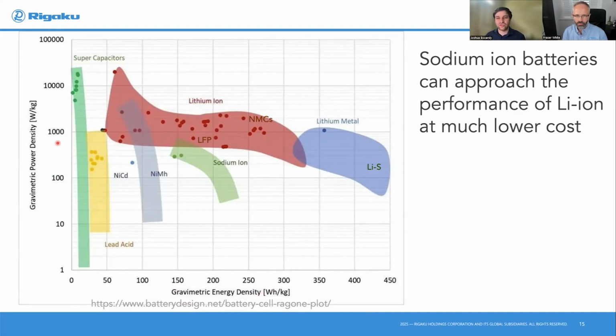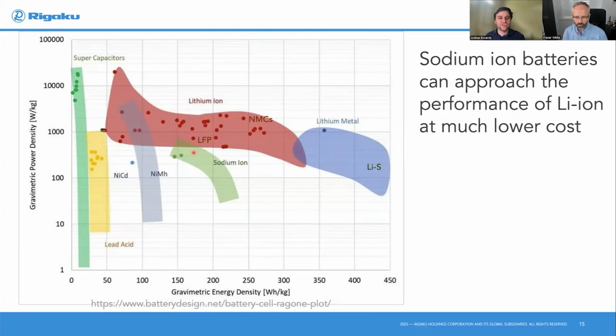That's how fast you can charge or discharge the battery. And the ideal battery chemistry would be up at the top right with a very high energy density and also power density. The lithium-ion batteries that we currently use are all in this sort of region, mostly either NMCs, nickel, manganese, cobalt, chemistries, or lithium iron phosphates, LFP.